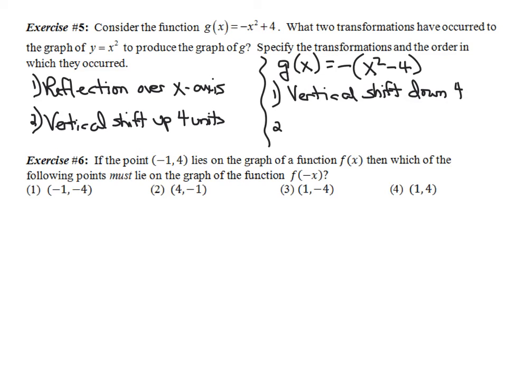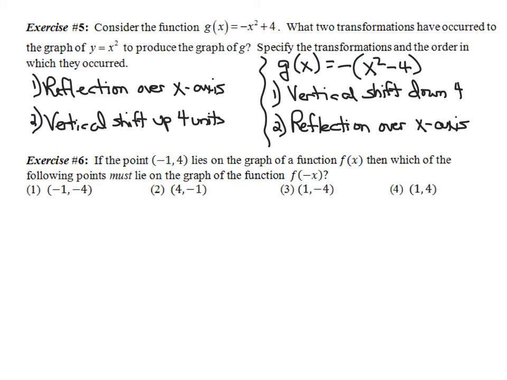But then once I vertically shift the parabola down 4 units, the negative in front of the parentheses would be a reflection over the x-axis. So I actually have 2 different ways of getting this new function g of x equals negative x squared plus 4. If you plotted both of these transformations on a piece of graph paper, you'd notice that you would get an upside down parabola that's been shifted up 4 units.